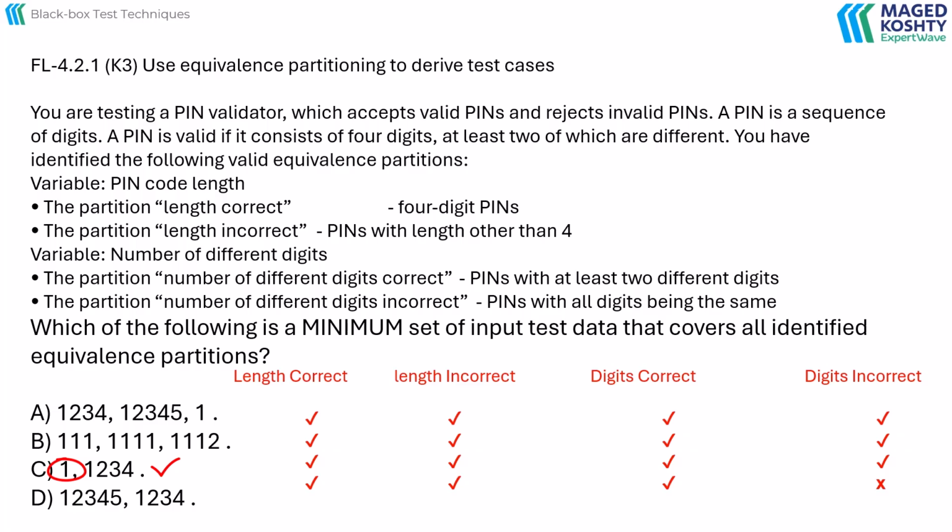Well, imagine in that case, testing the software with the input 1 and a message appears saying wrong input. Did you know if it failed because of length incorrect or number of different digits incorrect? No, you will never know.